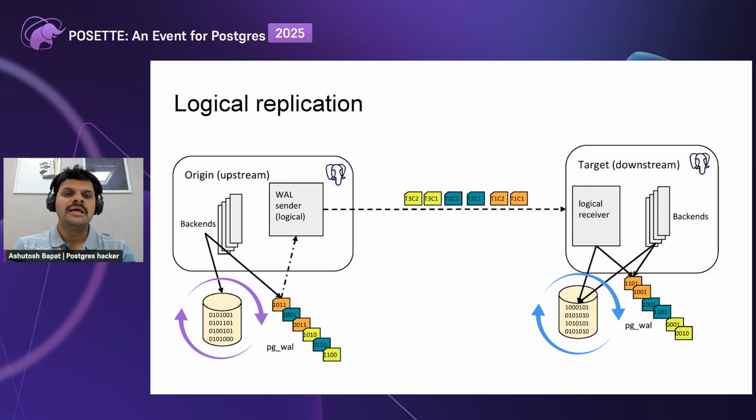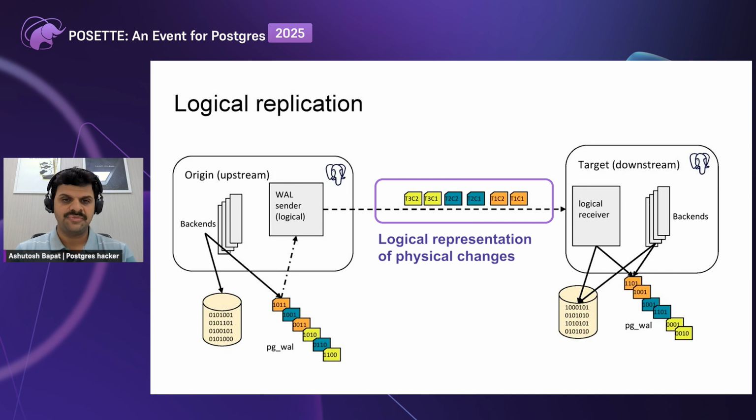Instead, some intelligence is built at the origin to read the WAL and convert it into a logical change. So instead of that change saying these bytes at this offset on this page in this file have changed, it says that this table, this row, this column has changed, or in this table we have inserted this row, or we have deleted this row from this table.